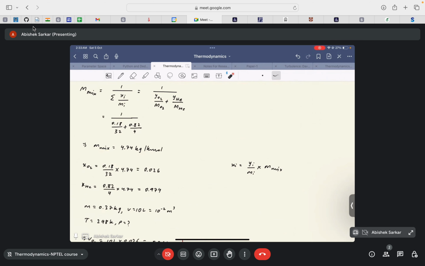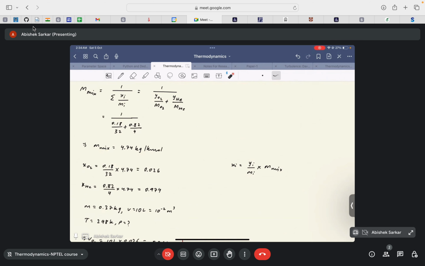Now the mole fraction of oxygen can be found using this relation. Again, this is something you can derive as an exercise; I'm not going to repeat it. It is basically the ratio of the mass fraction over the molecular weight of that particular gas, times the molecular weight of the entire mixture.